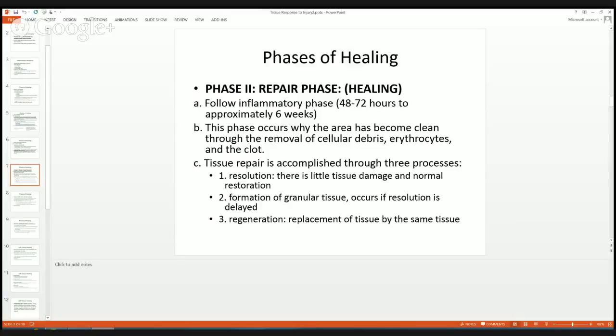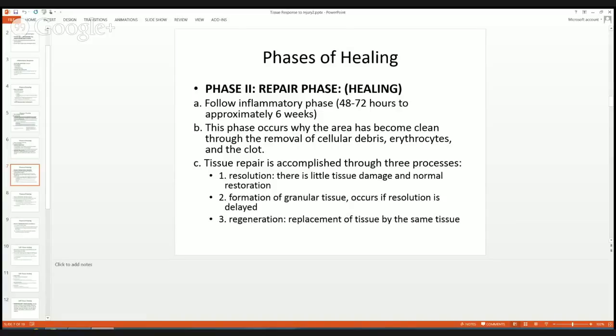Later, repair phase, healing. Follow 48 to 72 hours to about 6 weeks. Remember, there were 3 phases. What was it? Remodel. Well, yeah, think like a house.